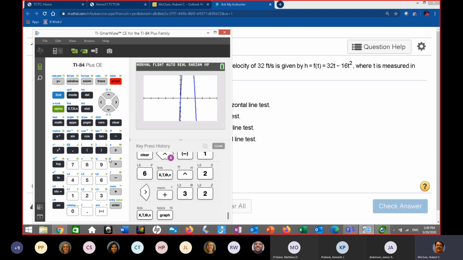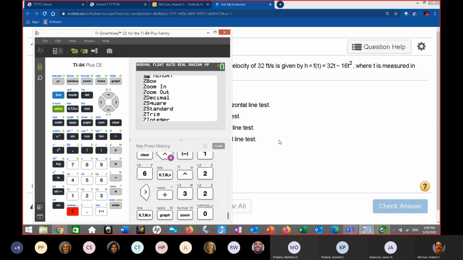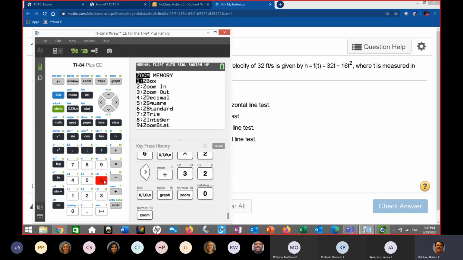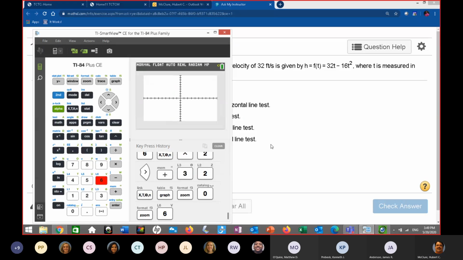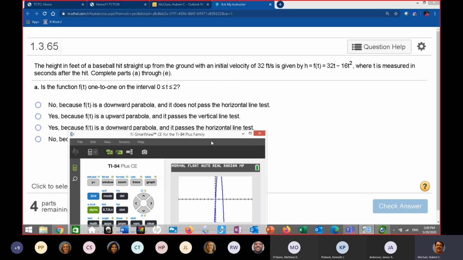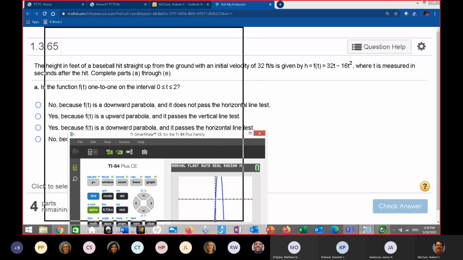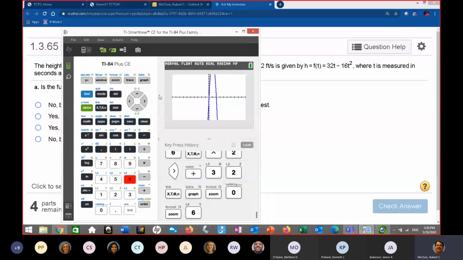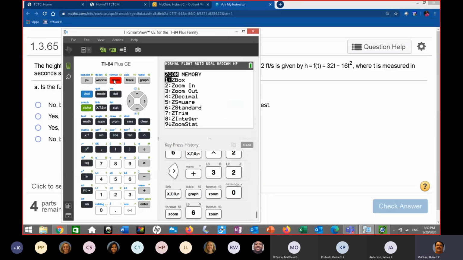Okay, that doesn't look right, so let's go ahead and do zoom 0 for fit. That doesn't work either, so let's do zoom standard, and then we might have to zoom in.